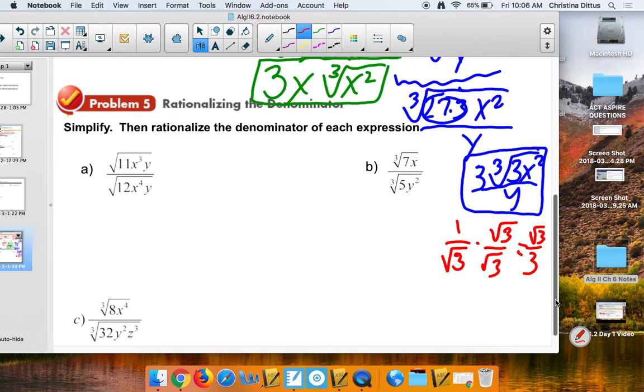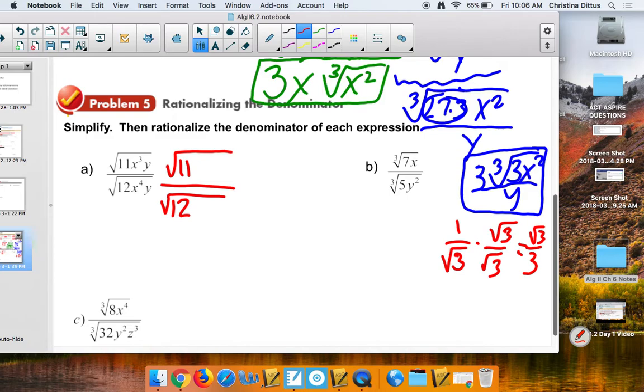Alright, starting with A. Can I, first off, index the same? Yeah. Can I deal with 11 and 12? No, it's not nice, so we're just going to leave them. Can I deal with my x's? Yeah. Okay, so let's make our top 11, our bottom is 12.